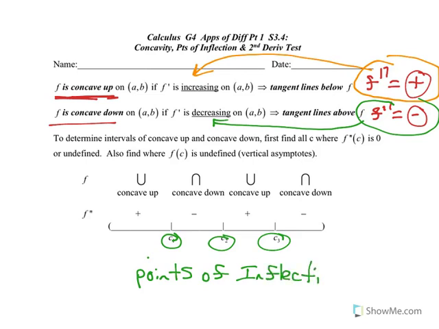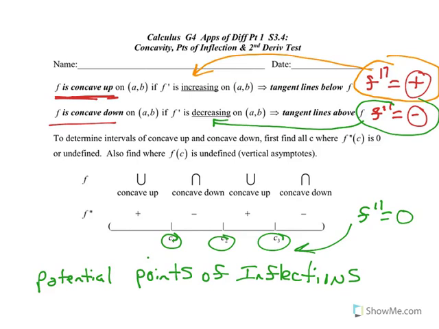And more specifically, they are potential points of inflection. You do actually have to have a curvature change for it to be considered a point of inflection. So you're going to find all the potential points of inflection. That's going to be where f double prime is 0.